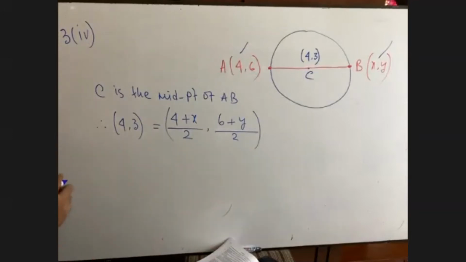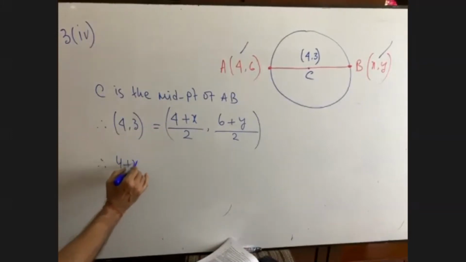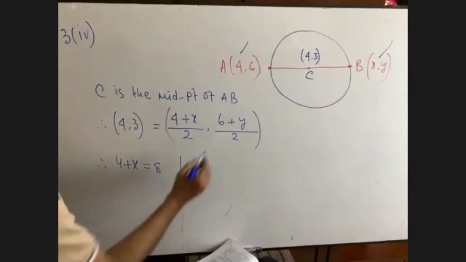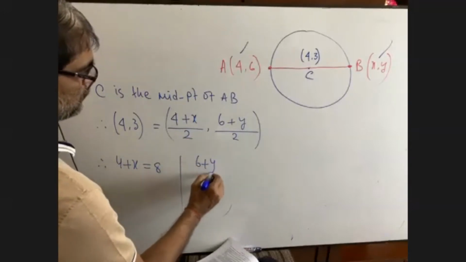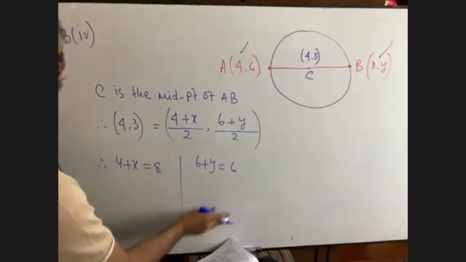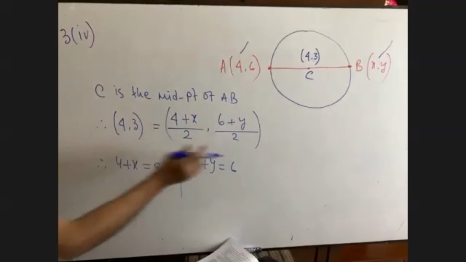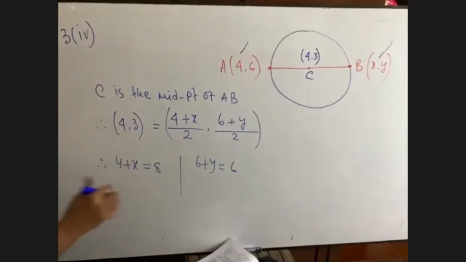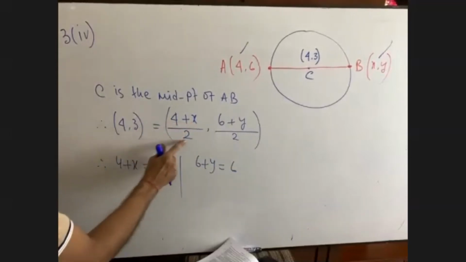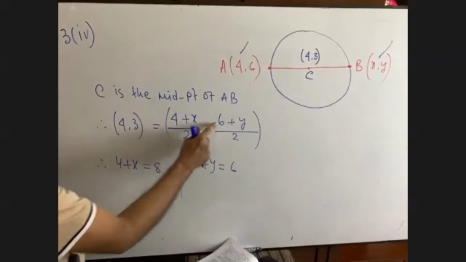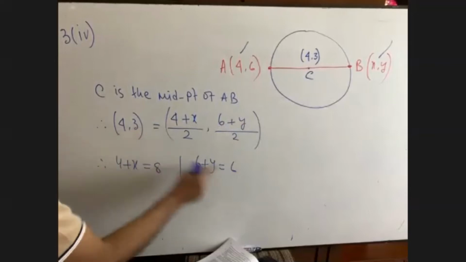Yes, we can find that. I told you how to write. You have to write 4 plus x equals to 2 into 4, 8, and 6 plus y equals to 2 into 3, that is 6.